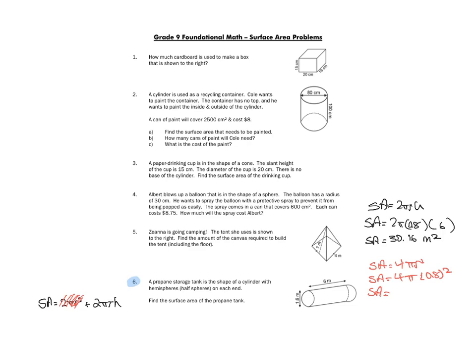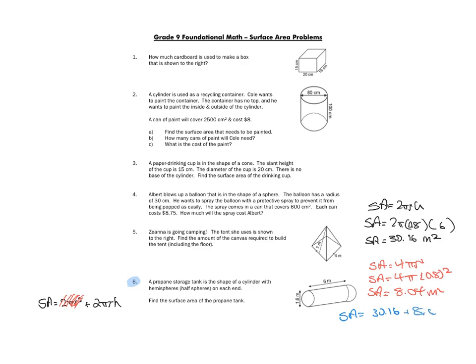Now if we figure that out, 4 pi times 0.8 squared, we get 8.04 meters squared. To figure out the total surface area, just add those two together.